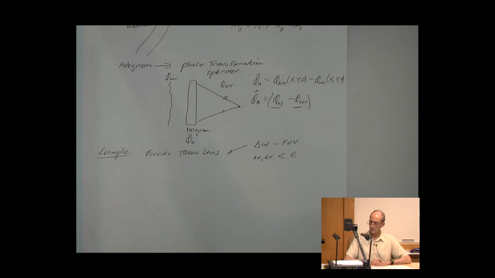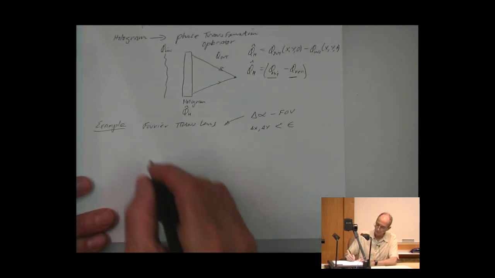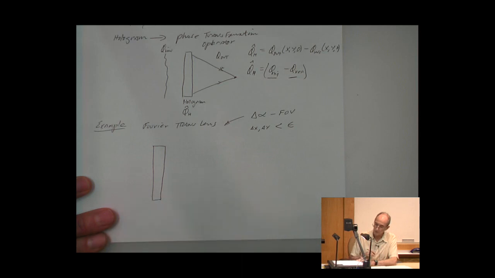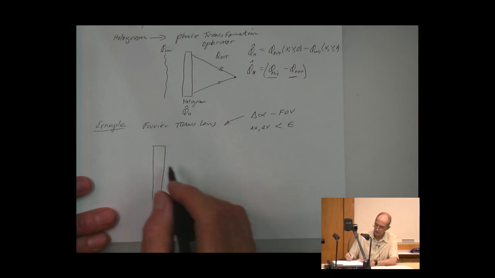Now, as I mentioned briefly last time, first off, the Fourier transform hologram that we have is simply the type of hologram we've been talking about all along. And these are very practical elements that have been used in some optical signal processing instruments in the past.